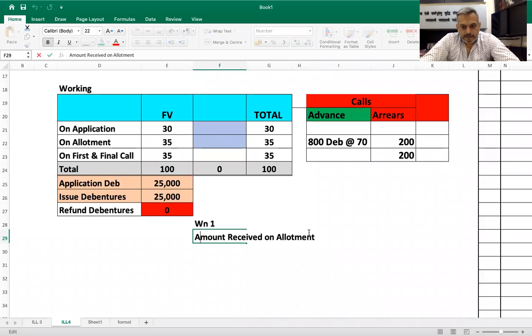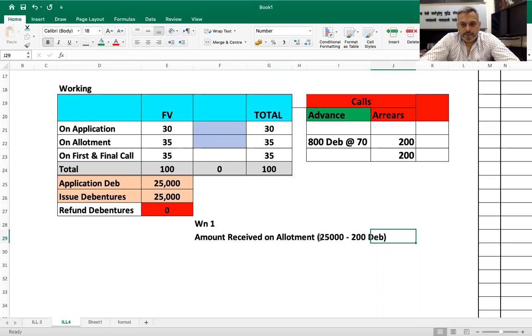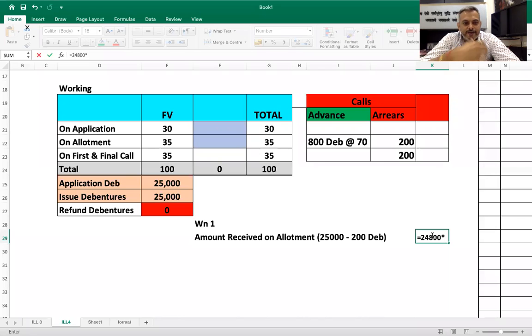I will say 25,000 debentures minus 200 debentures, which comes to 25,000 minus 200 is 24,800 debentures into rupees 35. So 8,68,000. We keep this in the working.